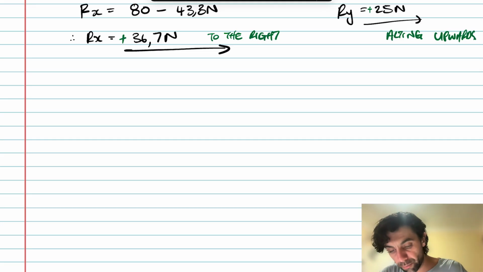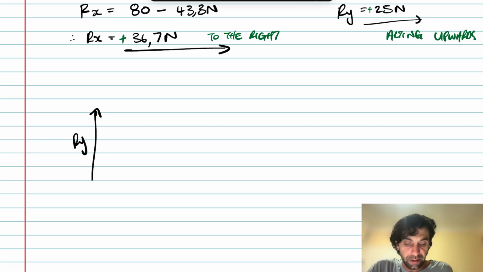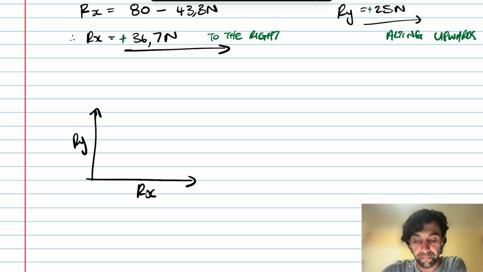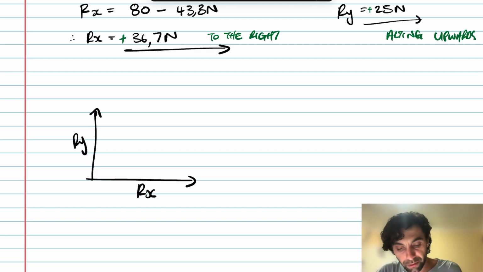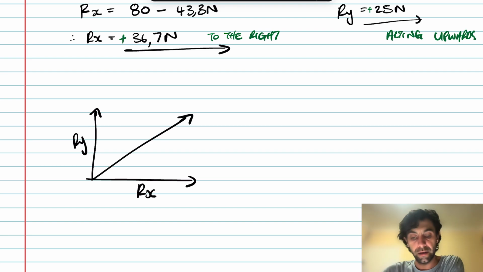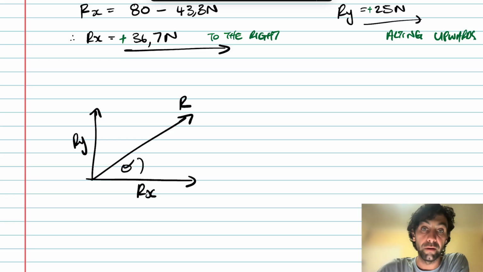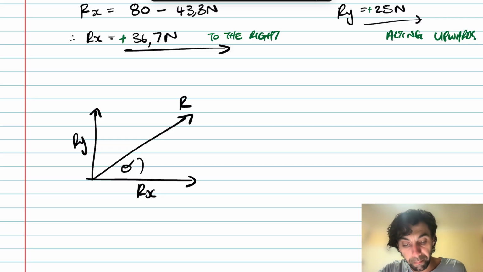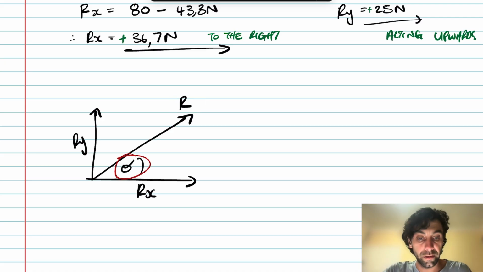We said that Ry is acting upwards and Rx is acting to the right, and so we expect our resultant force R to be acting somewhere in this direction. We also have an unknown angle theta. So we are now going to resolve the magnitude and the direction of this resultant force.